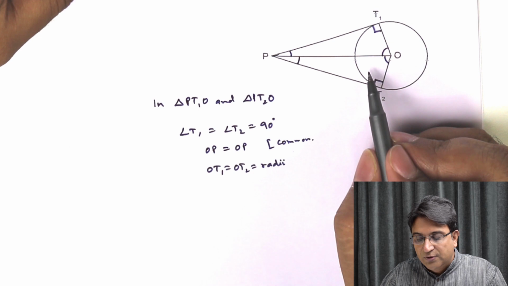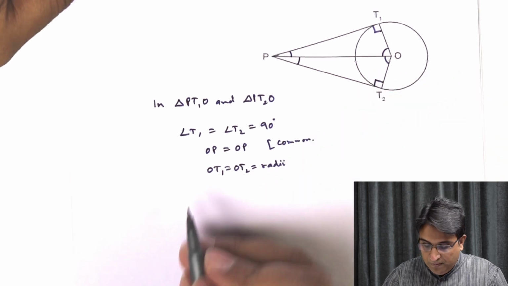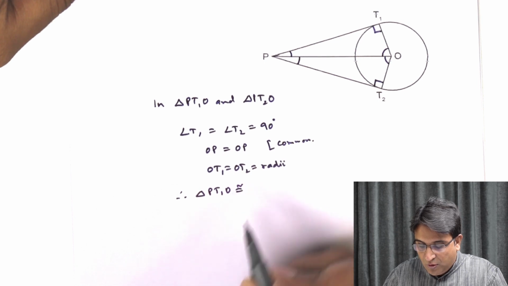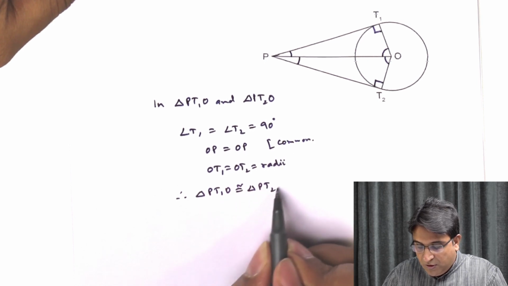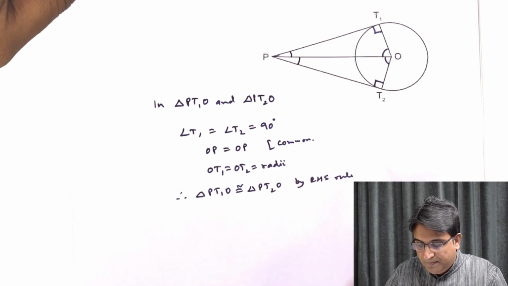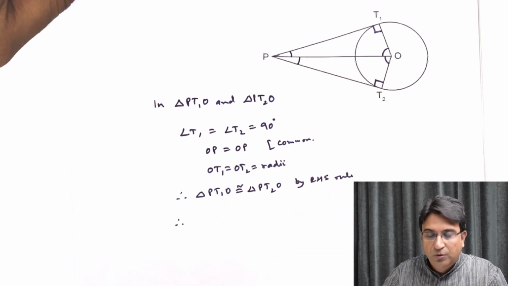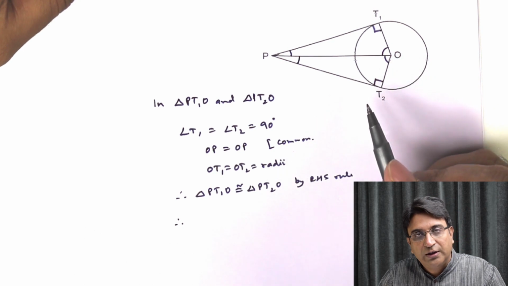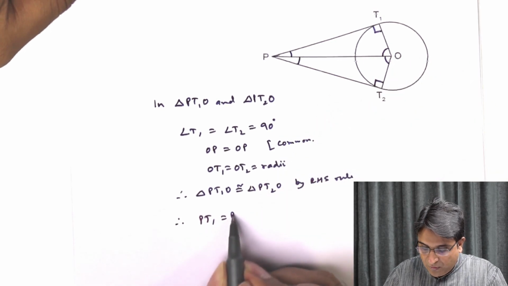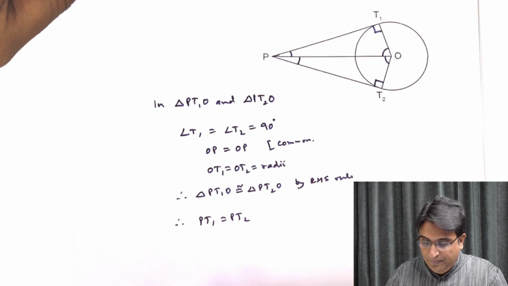So these two triangles will now become congruent by the RHS rule. Therefore, triangle PT1O is congruent to triangle PT2O by RHS rule. Now, once they are congruent, the corresponding parts of congruent triangles are congruent. So you will get PT1 is equal to PT2 as your first result.